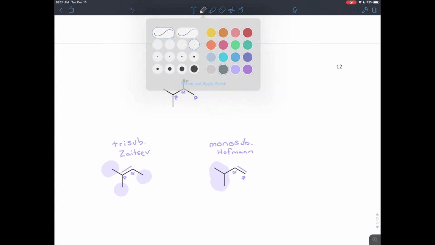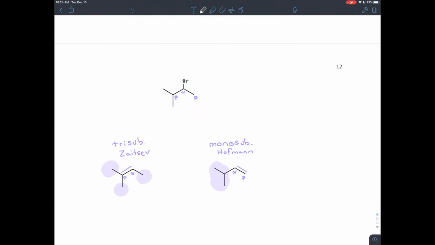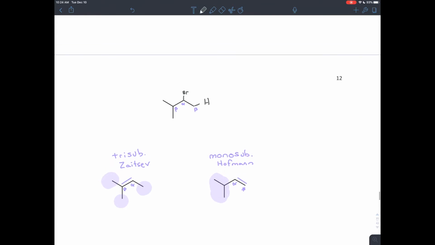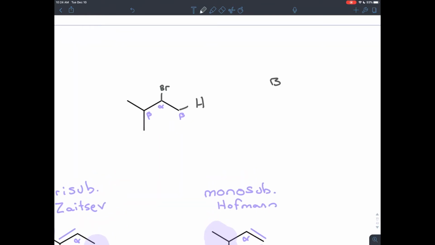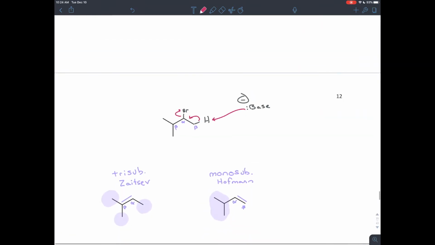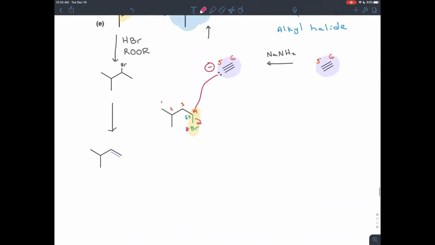And to do that, we would prefer a hydrogen from the less crowded beta carbon. Because remember, the way this works is the base comes in and steals this hydrogen, and the electrons go toward the leaving group and kick it off. What type of base would prefer a less crowded hydrogen? A bulky base. So to get the Hofmann product, you use a bulky base.